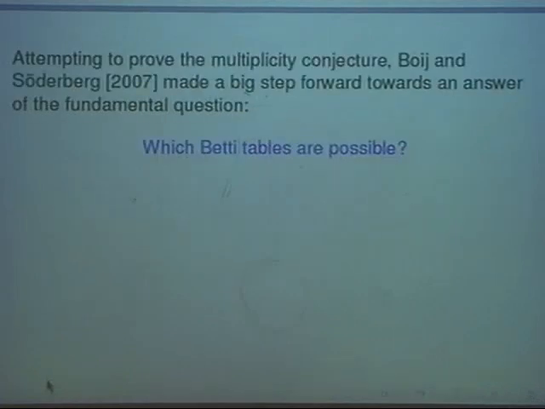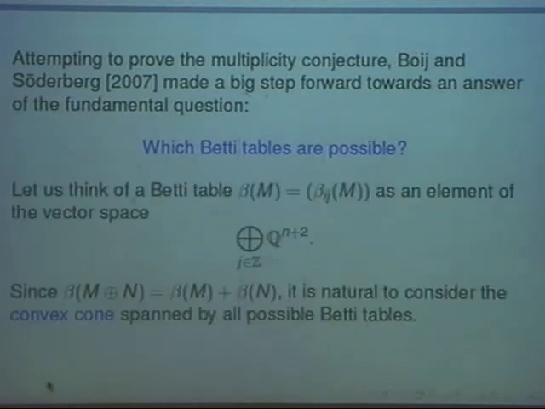So in their attempt to prove the multiplicity conjecture, Boij and Söderberg made a big step forward towards an answer to the fundamental question: which Betti tables are possible. It's a very simple observation which gets them started. We can think of the Betti table as an element in a vector space.